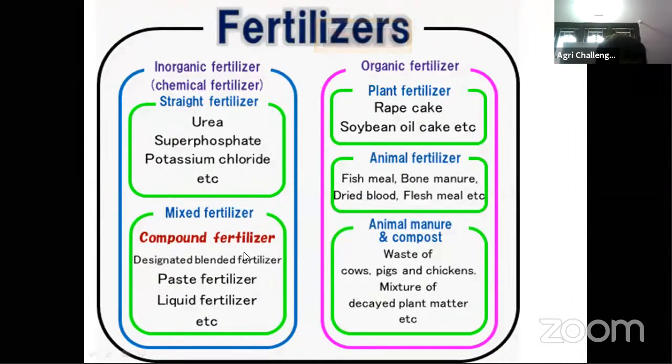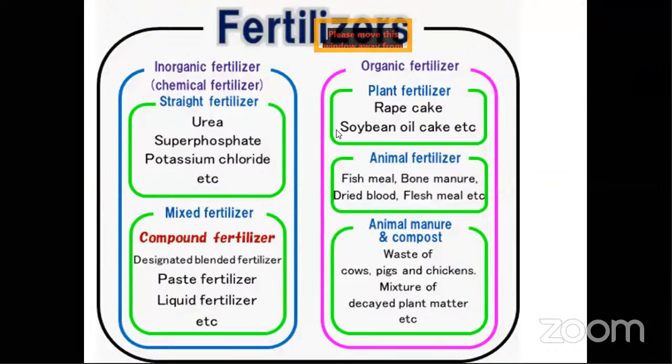Then coming to mixed fertilizers, this means complex. This fertilizer is again classified into complex and compound, and blended fertilizers. Paste fertilizer or liquid fertilizer also exists; both types are there in mixed fertilizer.